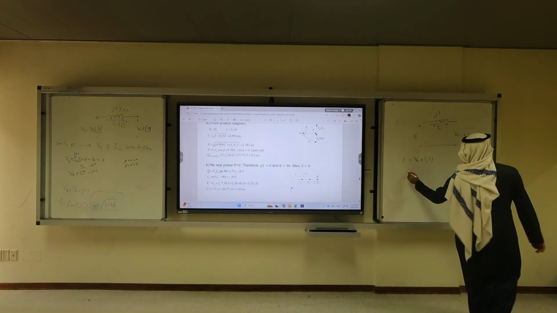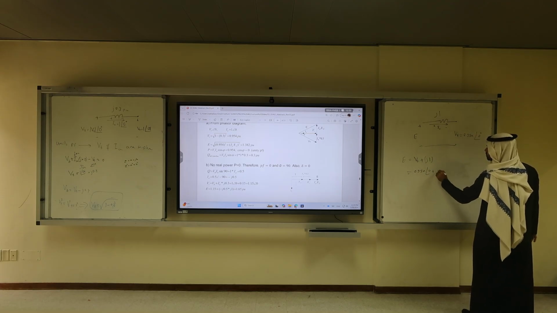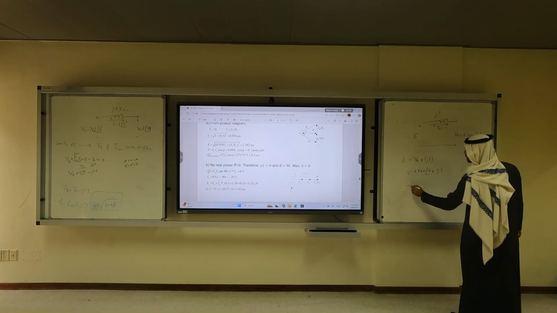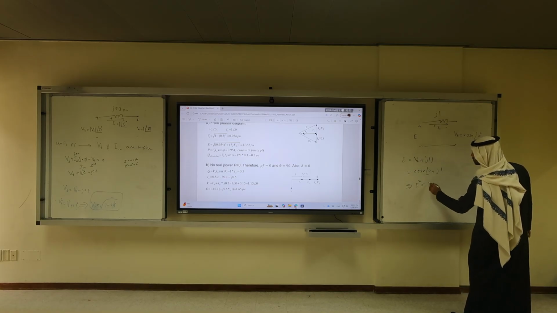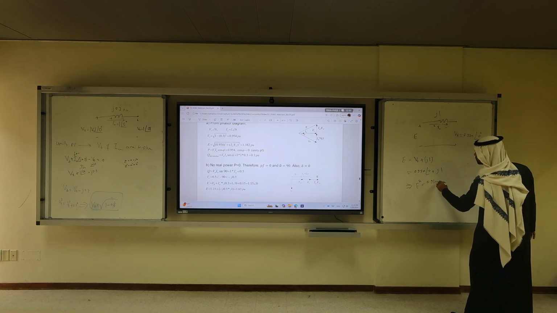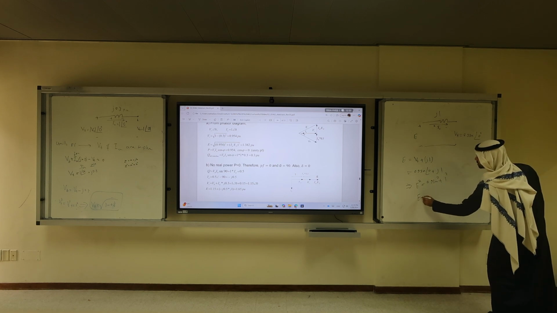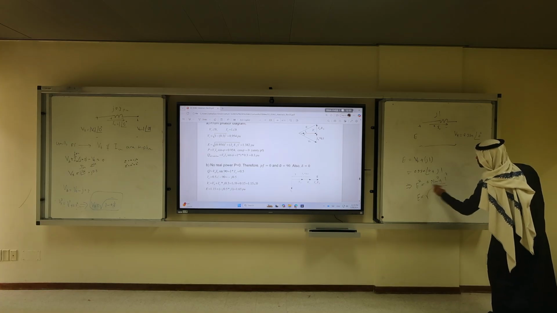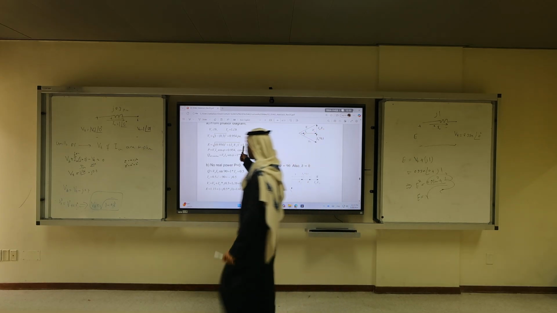Then we have 0.954 angle 0 plus j1. This implies E squared equals 0.95 squared plus 1 squared. So E is a positive number, the square root of this number. Get it? Which is 1.3.